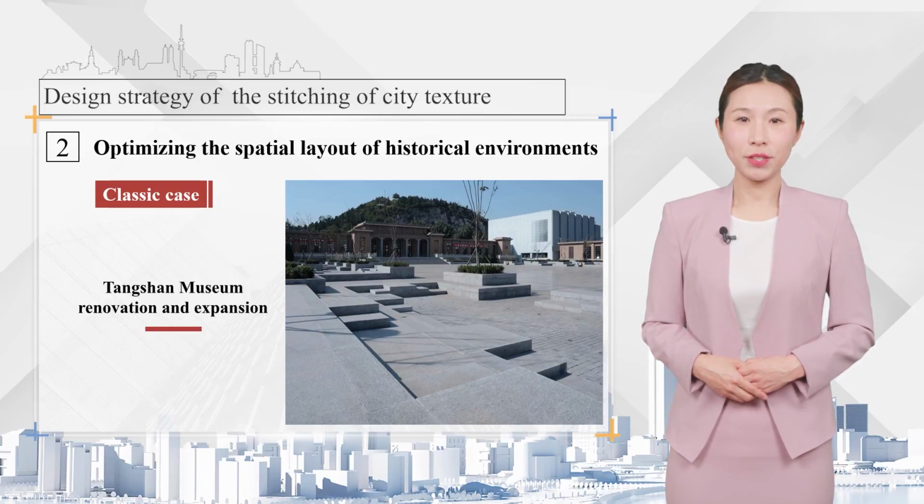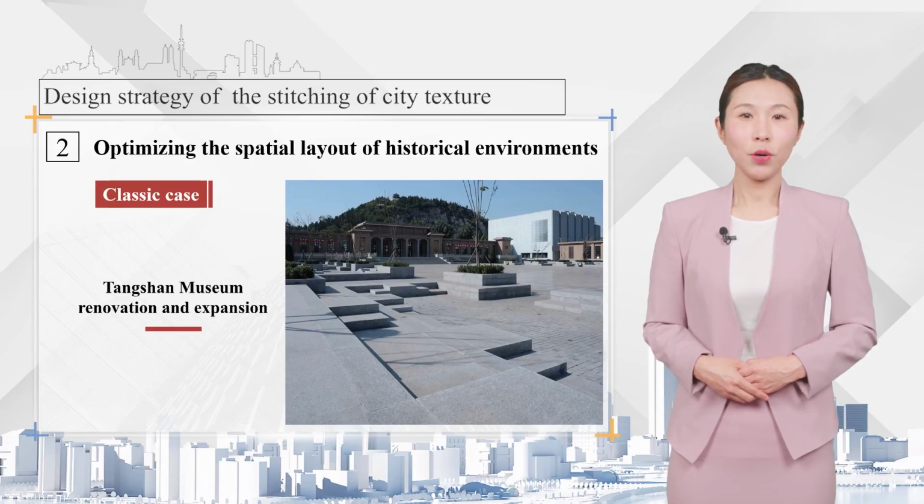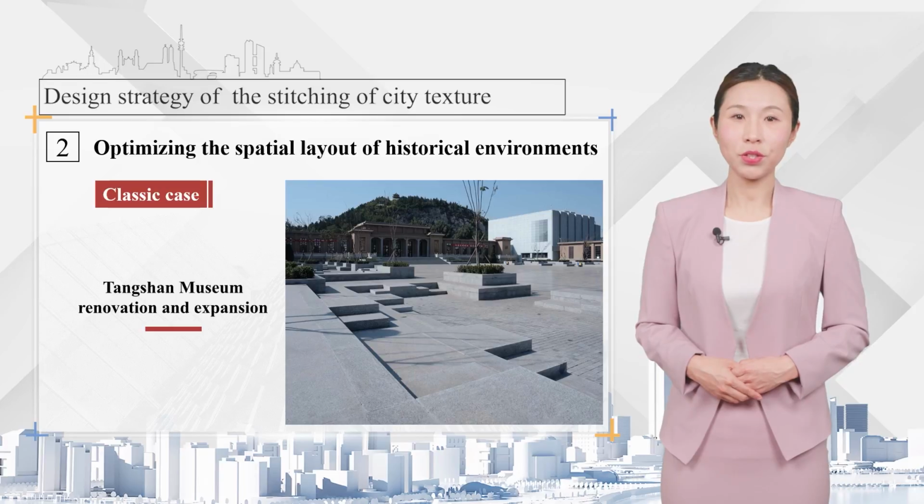The patching strategy of optimizing the spatial layout of the historical environment is adopted to allow mutual penetration and harmonious coexistence between the building and the environment, which not only satisfies the functional requirements of the new area, but also achieves a good continuity of urban texture.